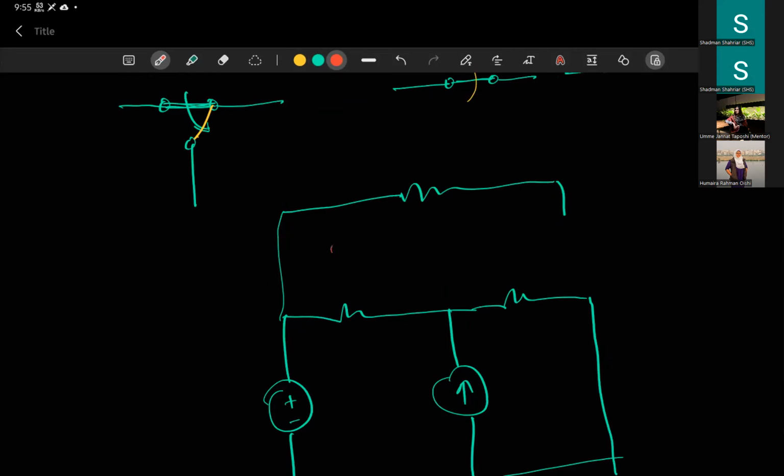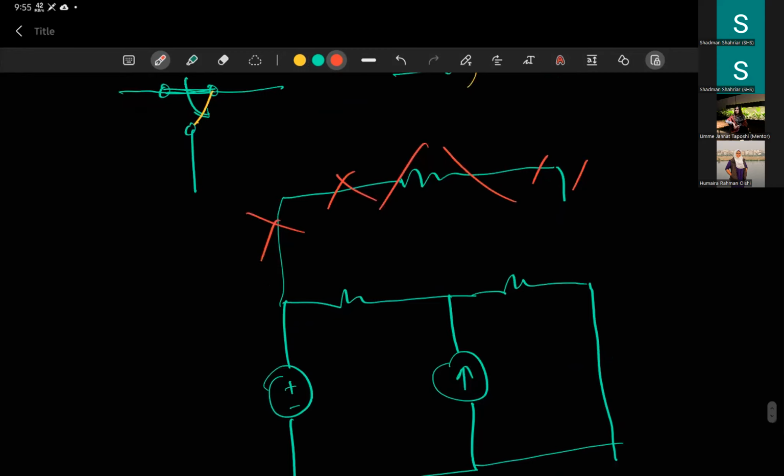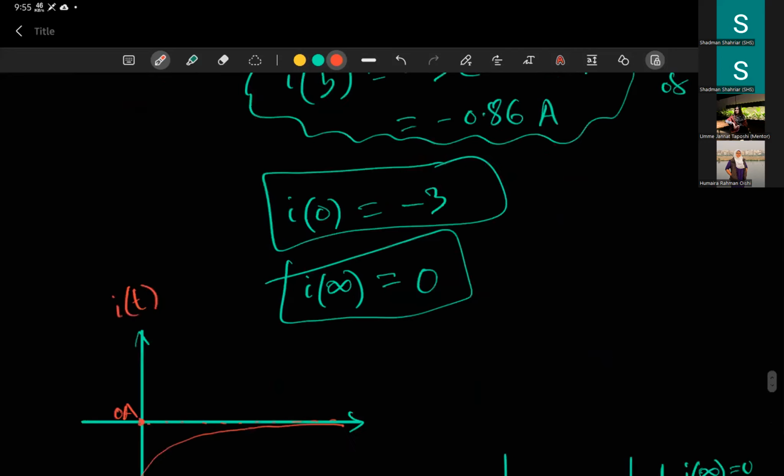If we have an unnecessary part, we can remove it. You had a 30 volt voltage source here. If you want, you can do the maths using that. Let's try to do mesh analysis here.